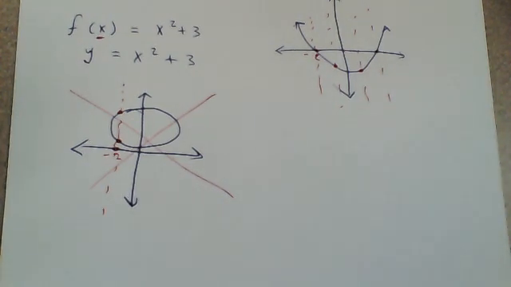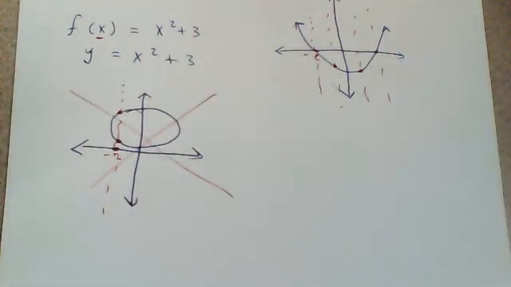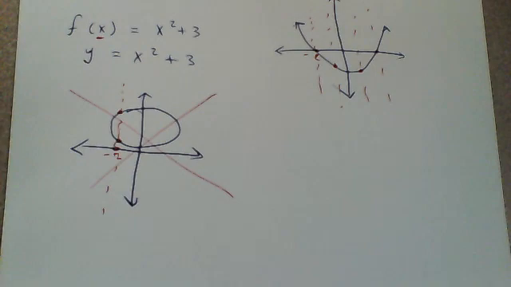Some of the things you're going to see in your homework is going to ask you, hey, is this a function? And you're going to look at the equation, right? So here I have x squared plus 3. And what it's asking is, for every input, anything I put in for x, am I going to get just one solution?